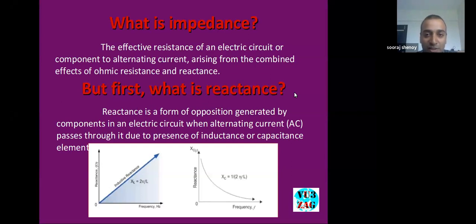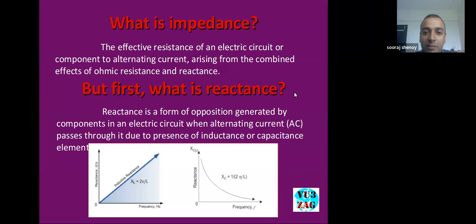So the first question is, what is impedance? We know the main passive components: resistor, inductor, and capacitor. These are the main elements used in almost all electronic devices, and they are also used at RF frequencies.